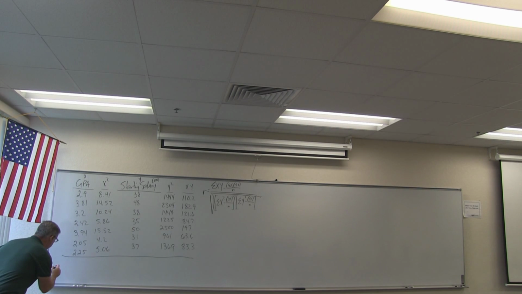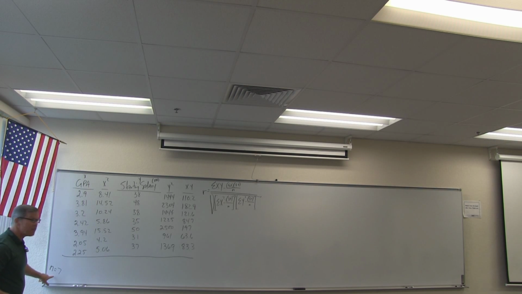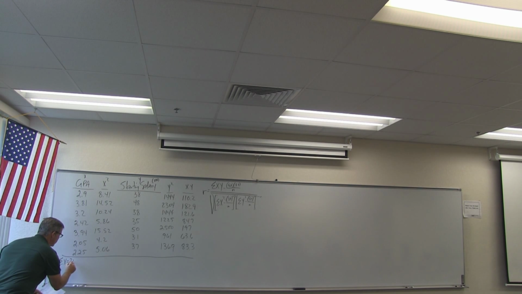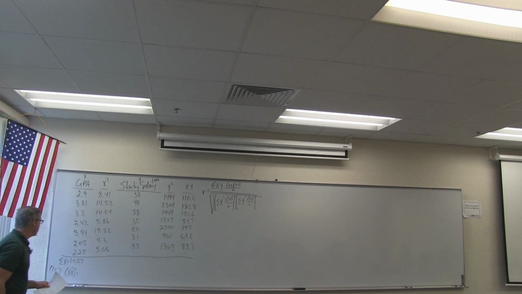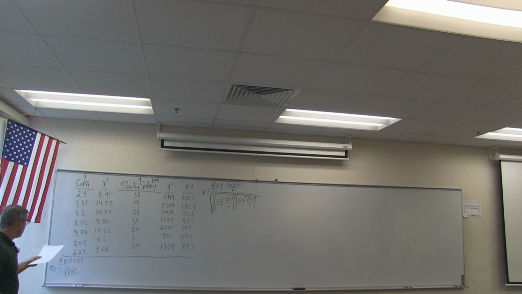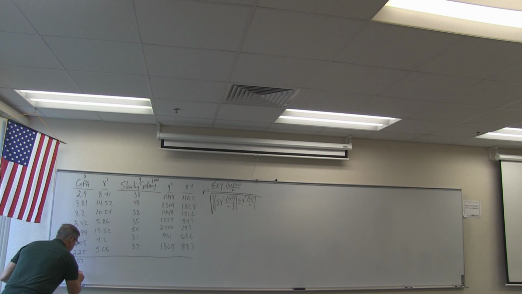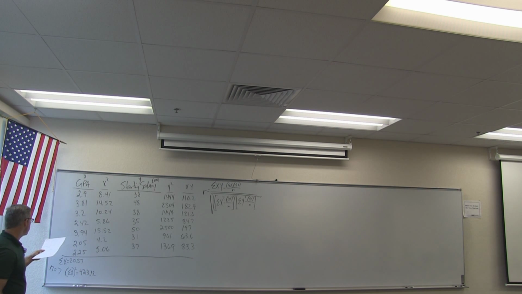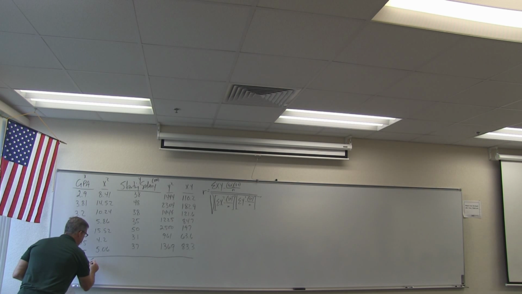We have 7 bivariate data points. N is 7. We have 7 pairs of scores. Sum x is 20.57. Sum x, the quantity squared, 20.57 squared, 423.12. Sum x squared, 63.81.